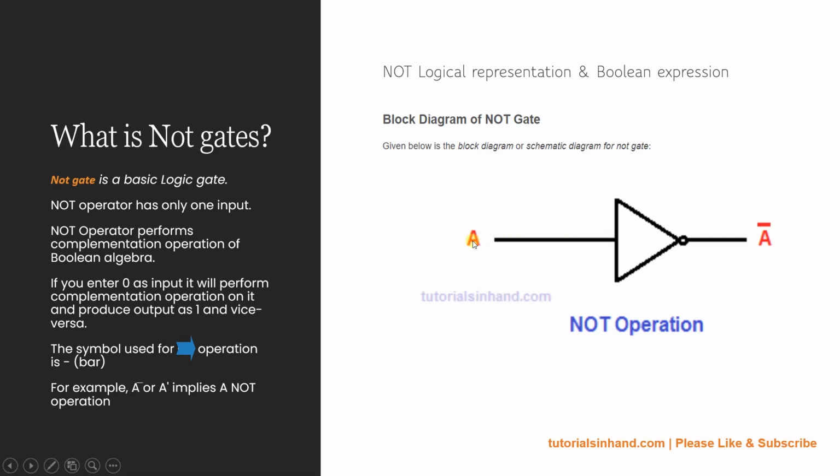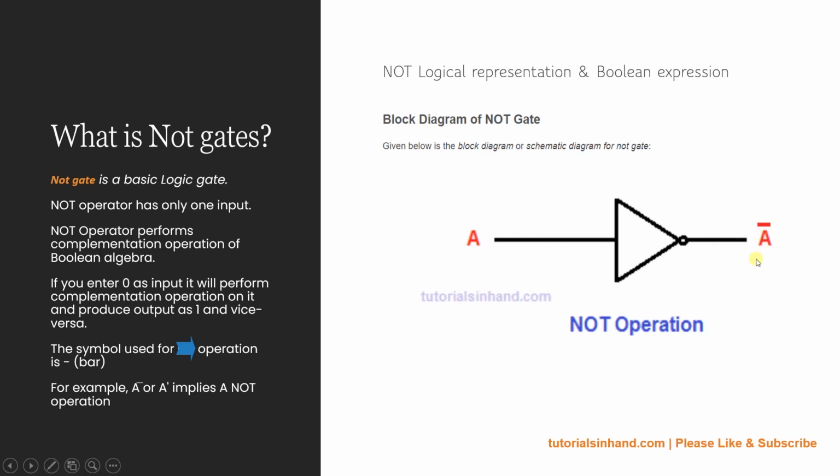Suppose we have named it A, then the operation would be performed on it, and the operation is complement operation, and once the complement operation is performed, the output that comes out is the complement of it, and thus we get a bar. That means if you pass a value as 0, it will be 1 as the output, and if you pass 1 as the input, then it will be 0 as the output.